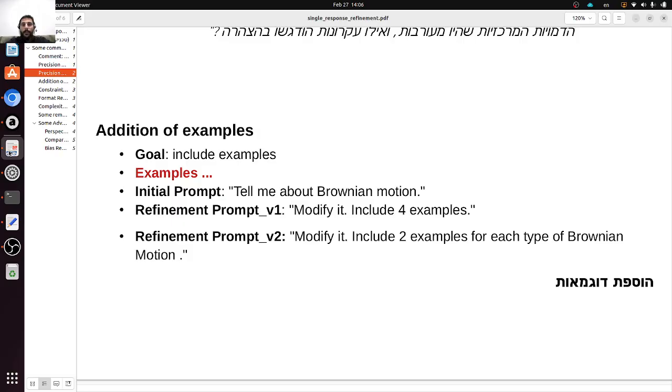Here on the screen we have a few versions of such a refinement prompt. Note that in each of the versions we specified the amount of examples that we would like to generate.